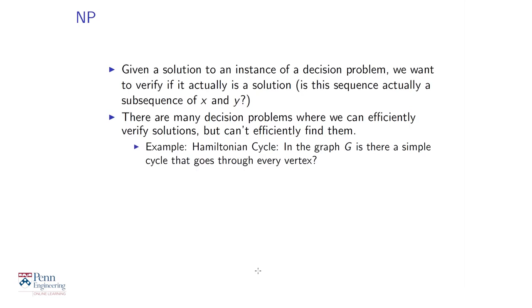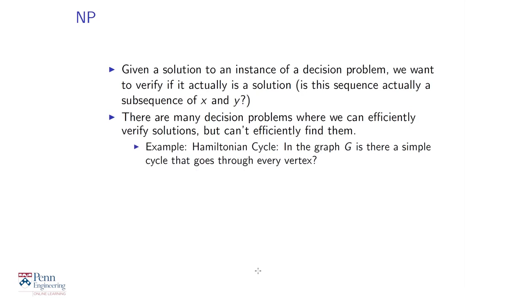But think about the situation where the graph does have a Hamilton cycle. If someone who magically has figured out what the cycle is presents the cycle to you, shows you the sequence of vertices on the cycle. It starts in V1, goes to V2, goes to V3, to Vn, and finally back to V1. All you'd have to do is verify.